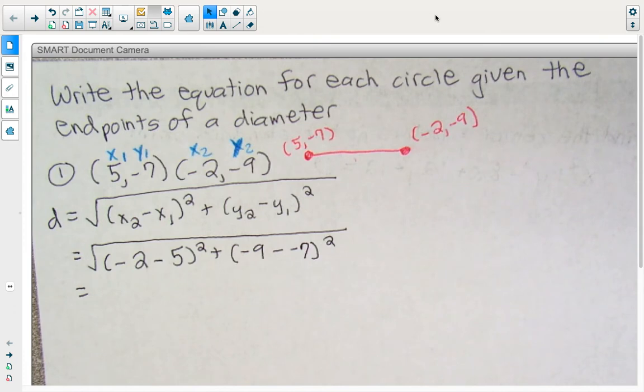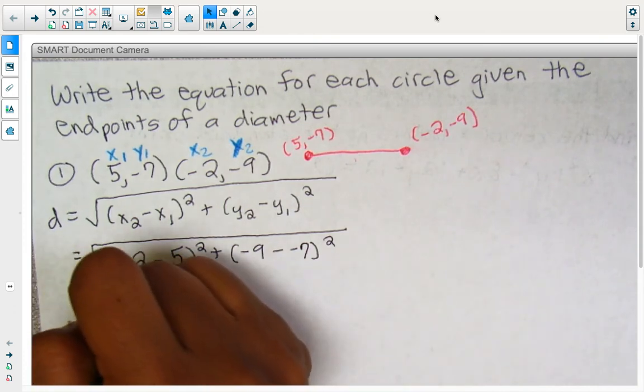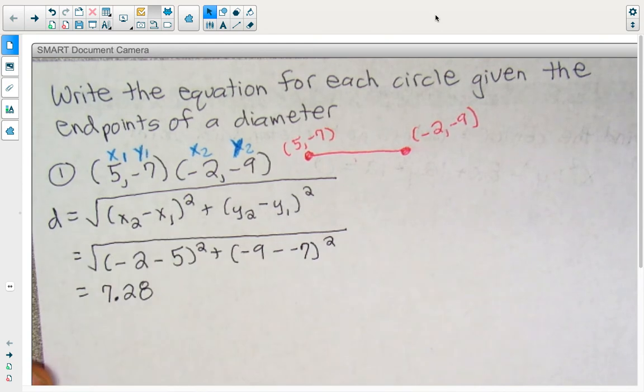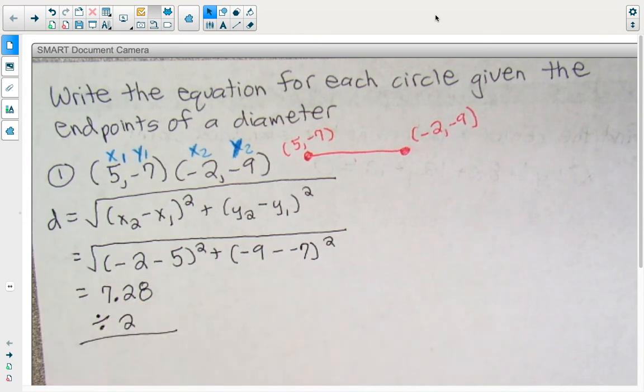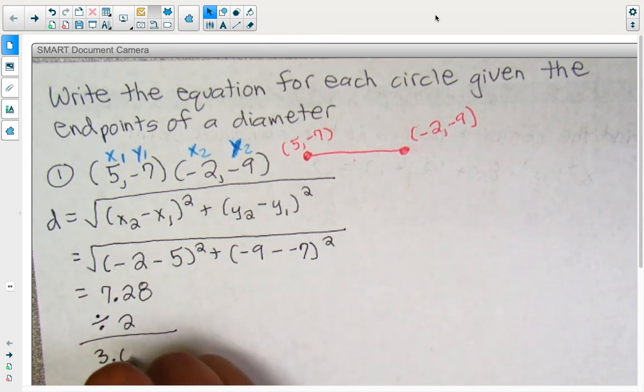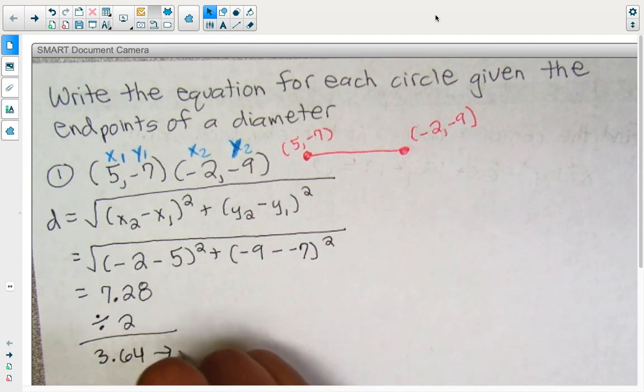I definitely will probably use Desmos, type all my stuff in. Once you do that, I got 7.28. This gives me the length of the diameter. I don't want to know the length of the diameter, I need the radius. So I'm going to cut this in half, and that gives me 3.64 as the length of my radius.